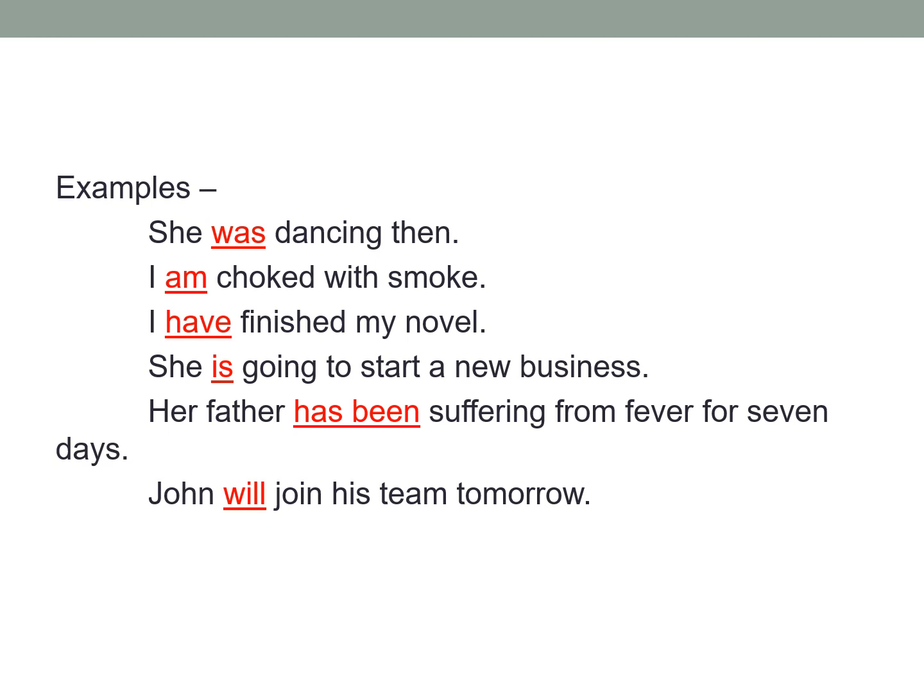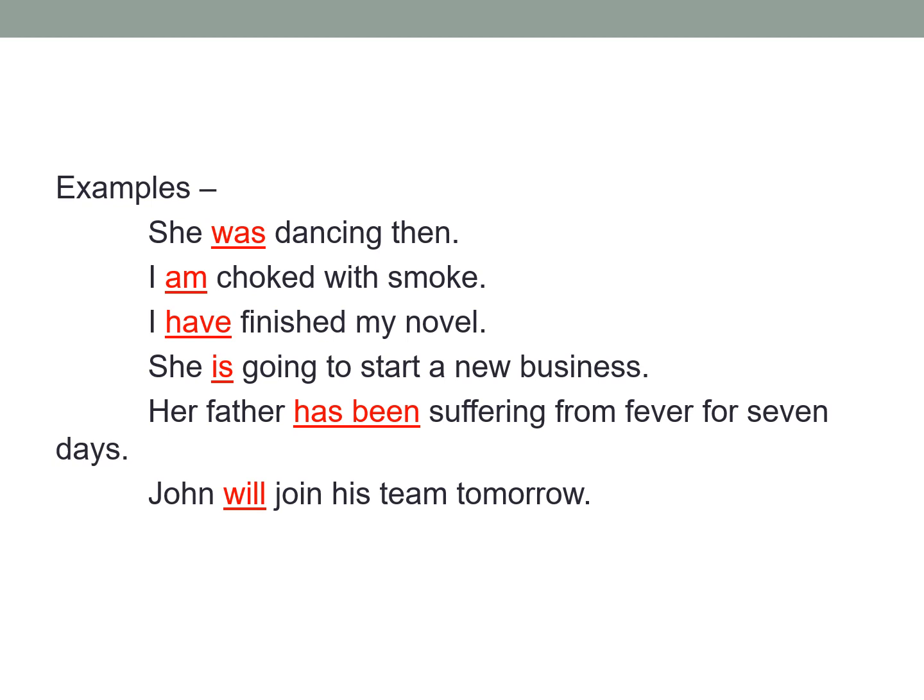So, which one is the principal verb here? Yes, the principal verb here is going and this verb needs the help of the auxiliary verb is because the tense in this sentence is present continuous tense.